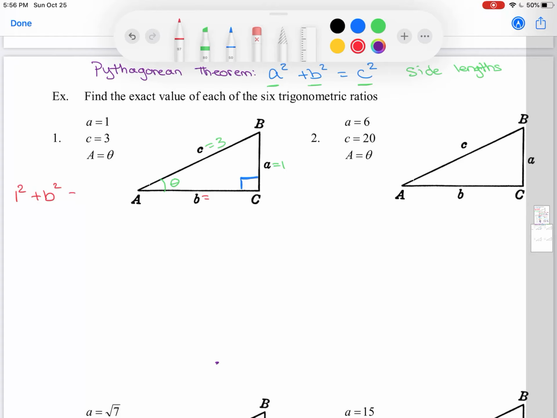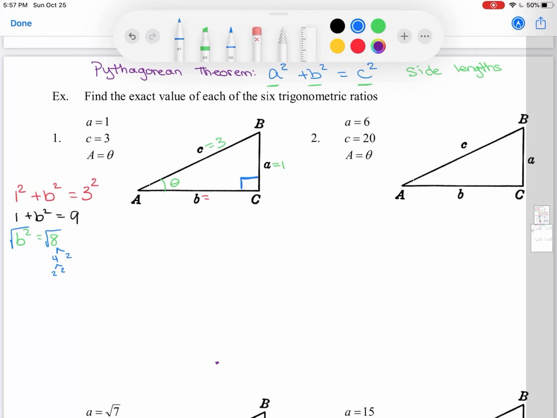And in order to do that, I have to use my Pythagorean theorem. So I have 1 squared from my lowercase a plus b squared, that's what I'm solving for, equals c squared, which was 3. Simplify really quick. 1 squared is 1, b squared will still remain, and 3 squared is 9. So I'm looking at b squared equals 8 when I subtract that 1 over.